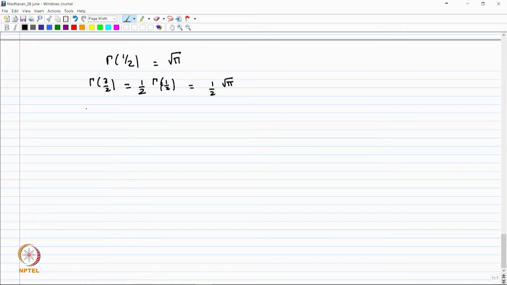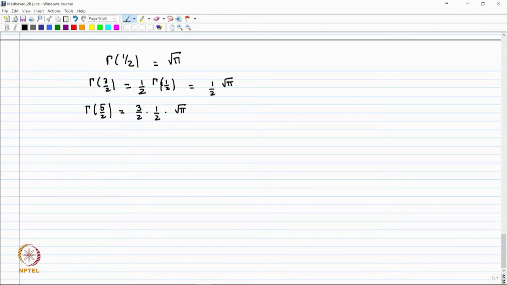Okay. Similarly, you can do gamma function of 5 by 2 is equal to 3 by 2 into 1 by 2 into root pi. So you can calculate gamma function for all half integers using this method.